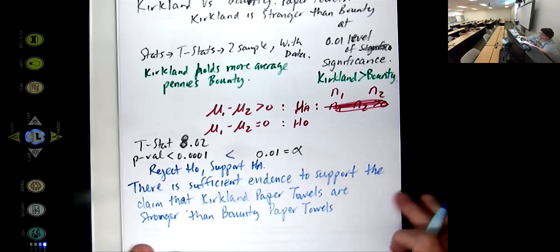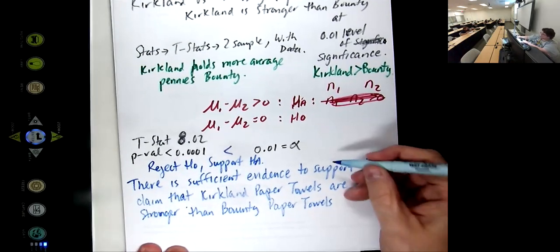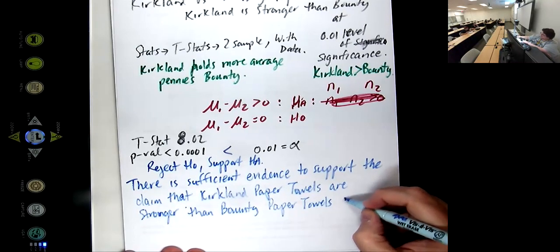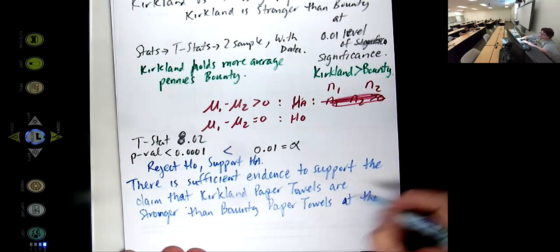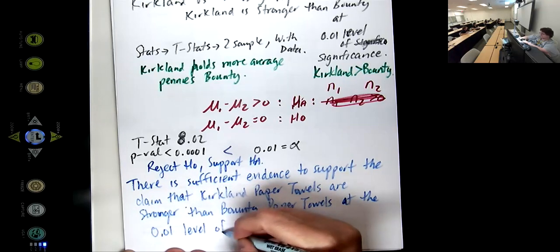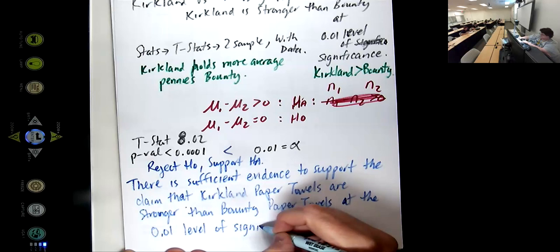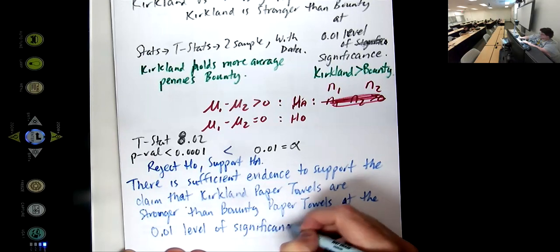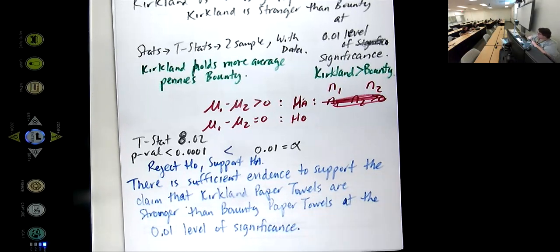And since I don't have the average or the regular alpha, I'm probably going to add in at the 0.01 level of significance, because that's even more strict than the 0.05. It takes more evidence to support that than it does at 0.05.